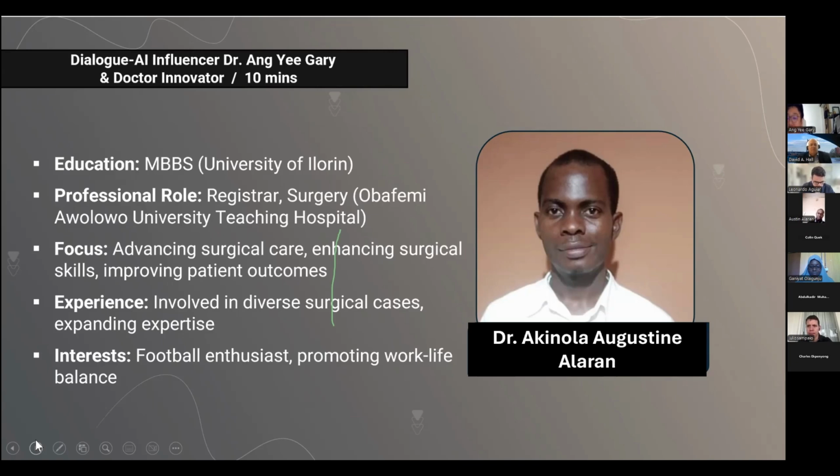So they come from rural areas to urban areas to access care. With erratic power supply and internet provision, how will conversational AI be effective in the follow-up of such patients, especially post-op patients? That's my question.